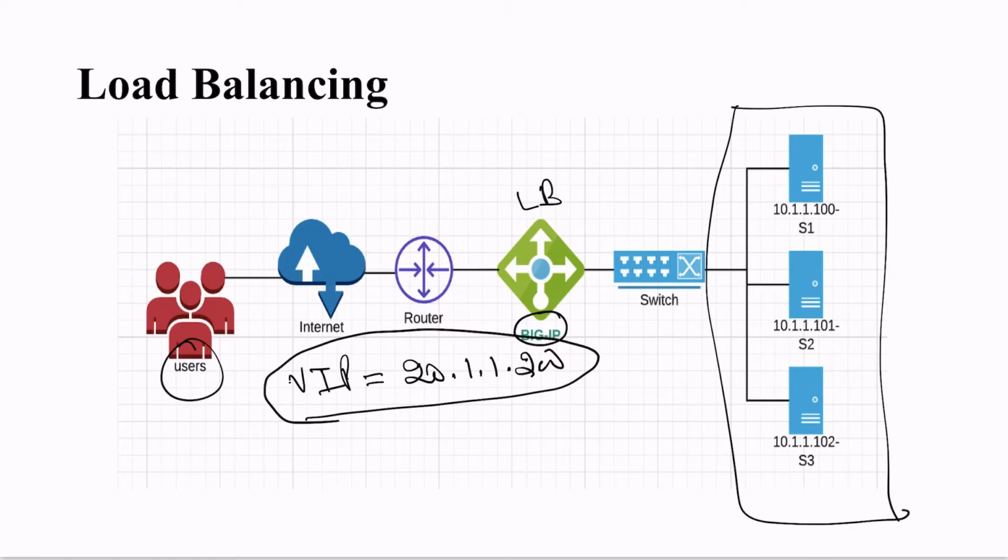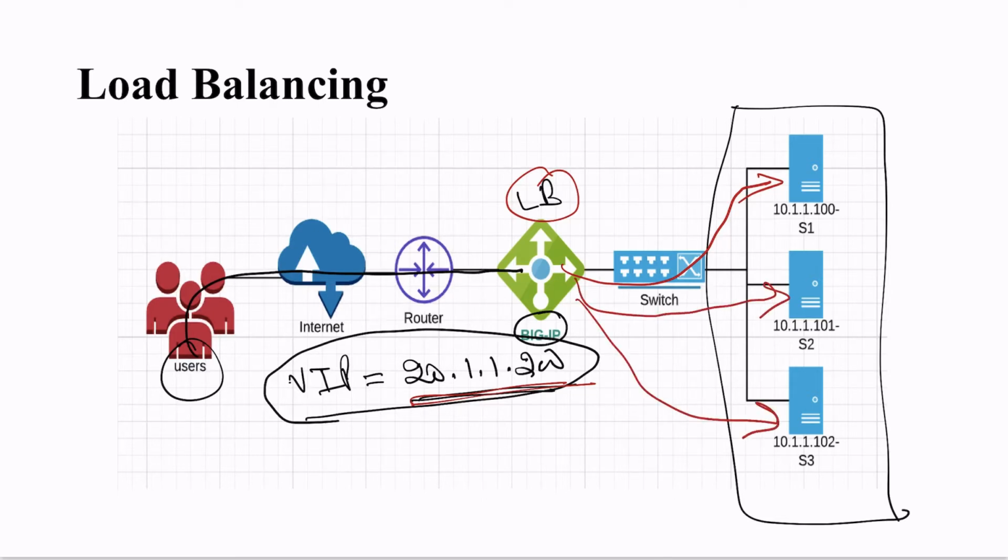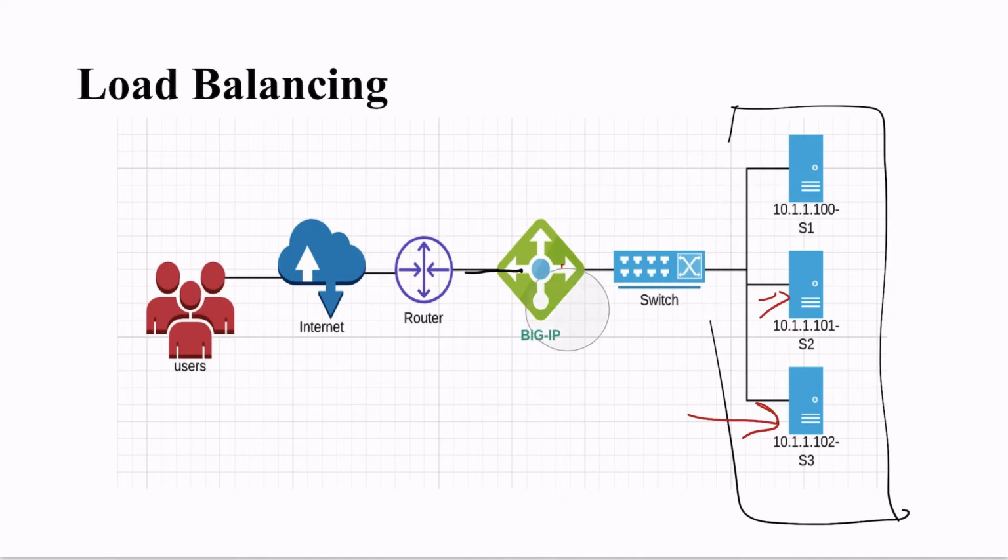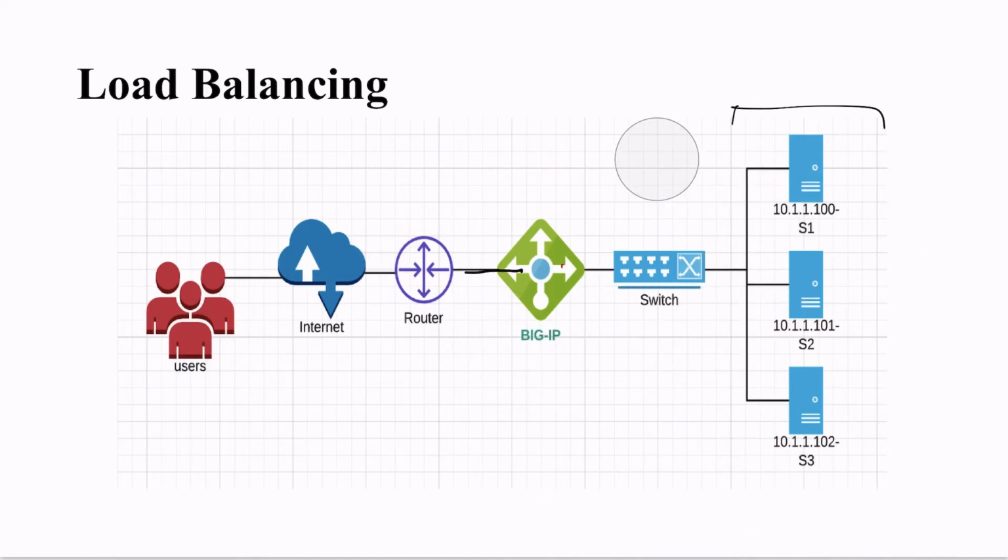So whenever a user accesses this virtual IP address 20.1.1.200, the load balancer will forward the request to S1 for the first session, the second one to the second server, the third to the third one. Users will only be aware of the virtual IP address. So I have explained four things: node, pool, pool member and VIP.